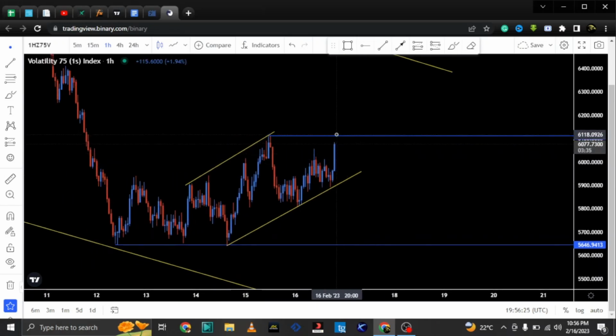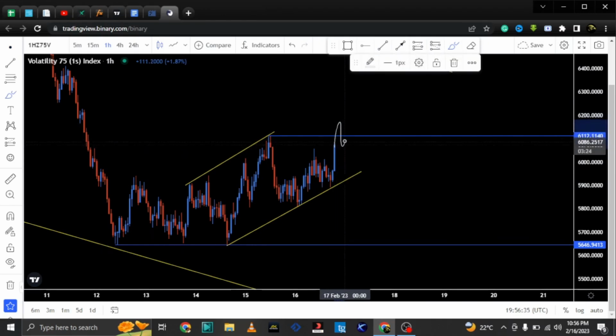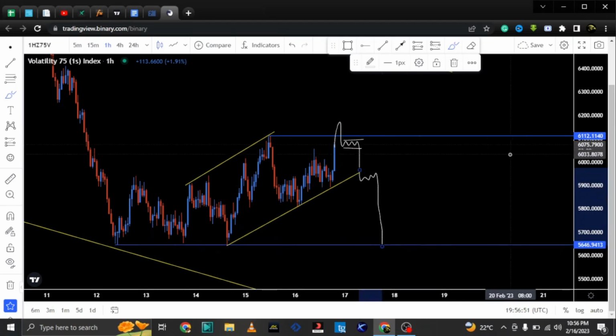So you don't want to rush and put your sales. What you can do is wait for this. If you are interested in sales, you can wait for this market to come back and give you a clean flag to confirm that it's actually moving down, for you now to be able to actually sell either to this level, or once it breaks and then gives us another one, then we are selling it to the downside.